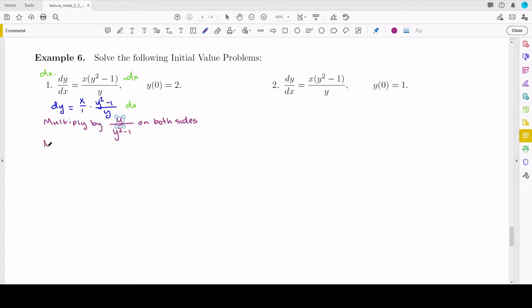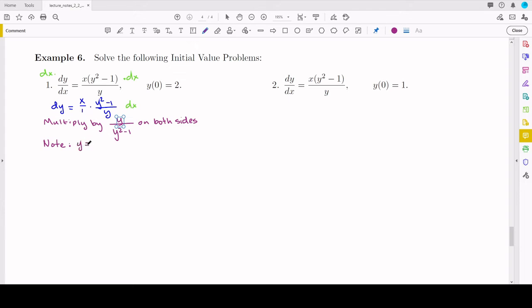Now, there are two things that we have to note. First of all, y cannot be equal to 0, because then this factor would be 0, and you would be multiplying both sides of the equation by 0, which results in a trivial equation, 0 equals 0.